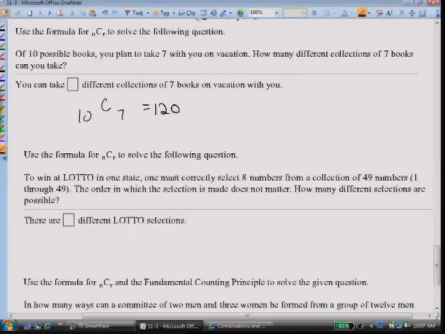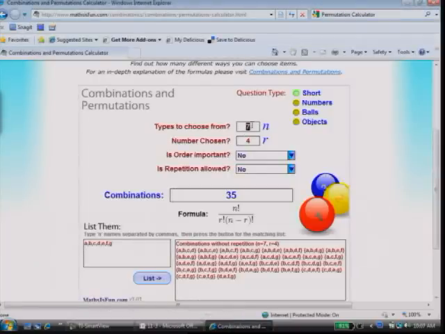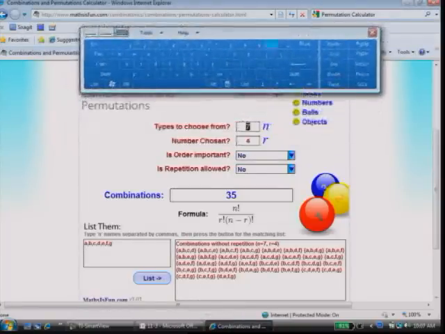But anyway, to win a Lotto in one state, one must correctly select 8 numbers from a collection of 49 numbers. The order in which the selection is made does not matter. How many different selections are possible? So 49C8 is what we're dealing with. I'm going to do my little website here. Change that to a 49, and then 8.